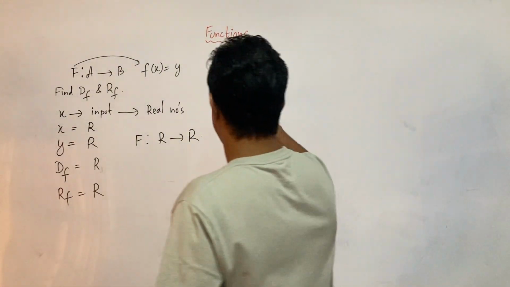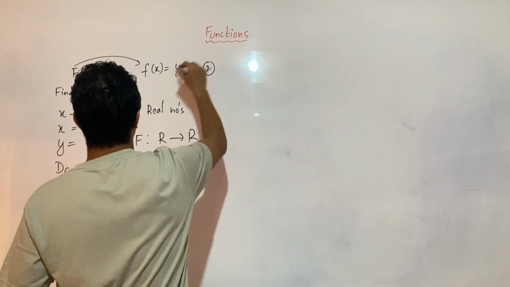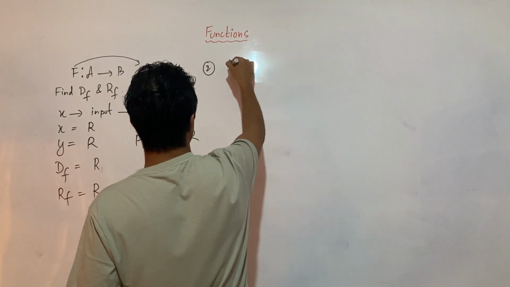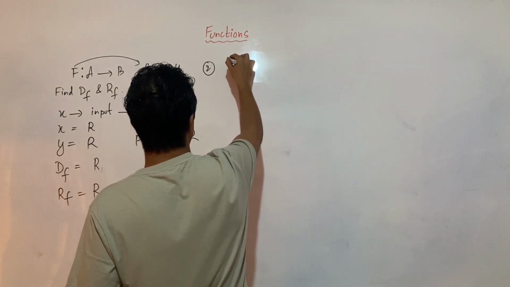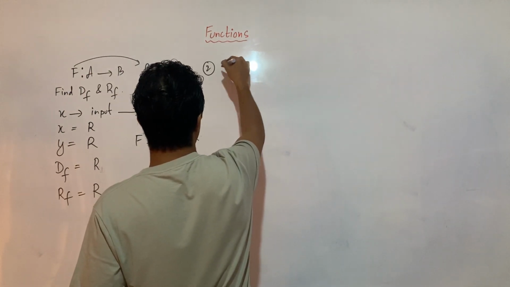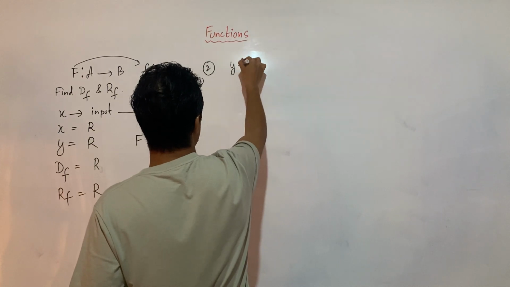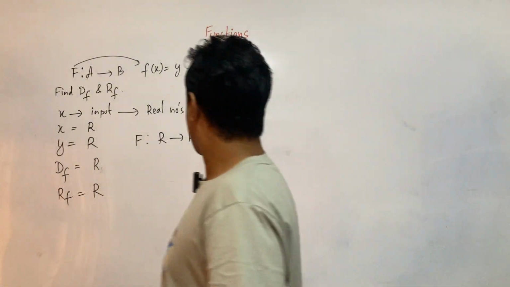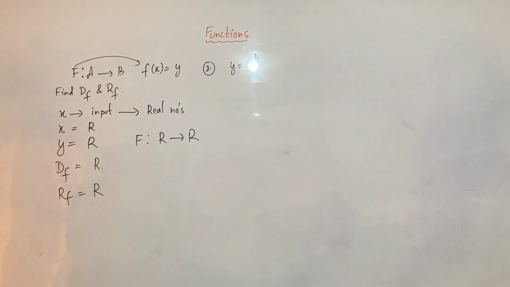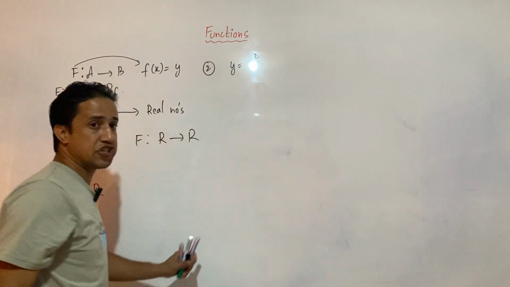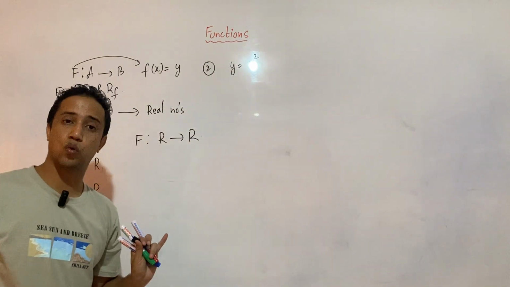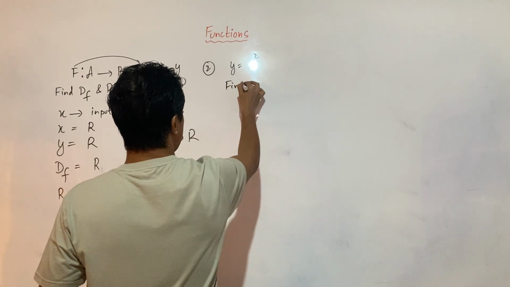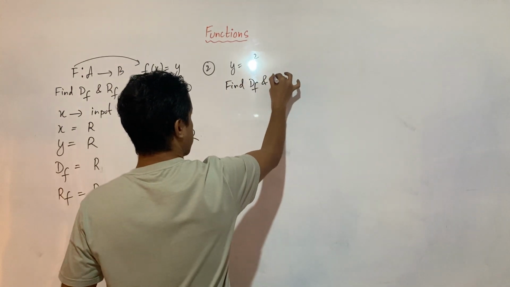Now come to the next one. You are given a function such that y is equal to x square. Now you have to find the domain and range.